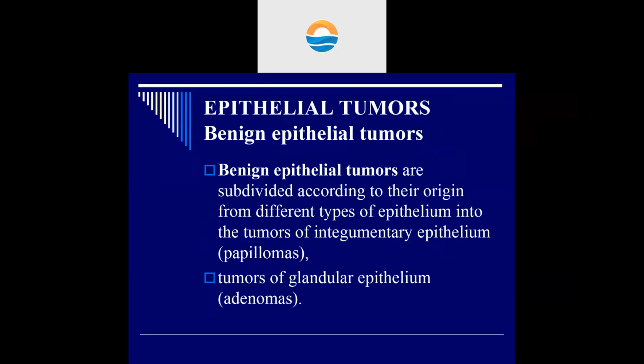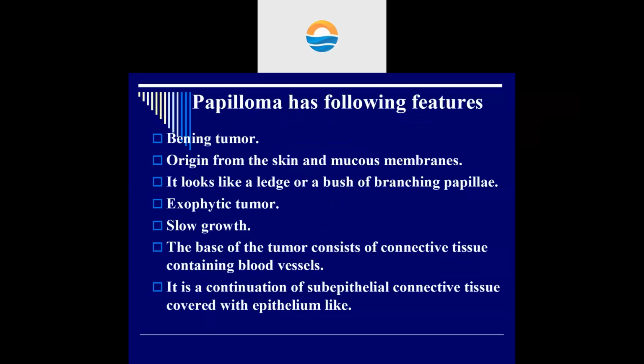Benign epithelial tumors are subdivided according to their origin from different types of epithelium into the tumors of integumentary epithelium, or papillomas, and tumors of glandular epithelium, adenomas. Papilloma has the following features.